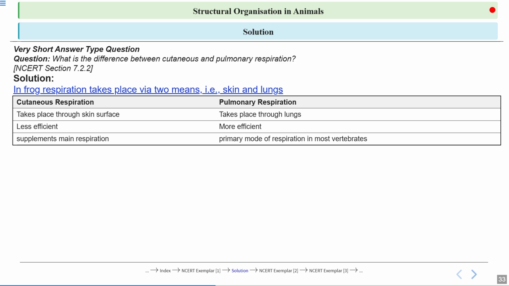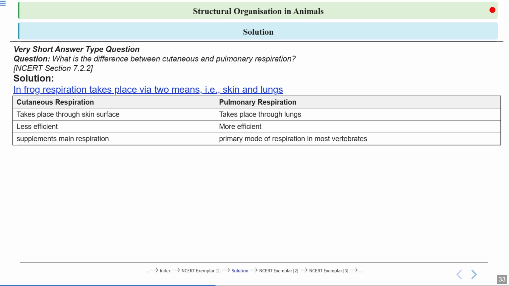Coming to the pulmonary respiration, wherever the term pulmonary comes, don't get confused. It is talking about the respiration done by the lungs, right? That is why you must have heard about the pulmonary veins and pulmonary artery. Pulmonary means related to the lung.